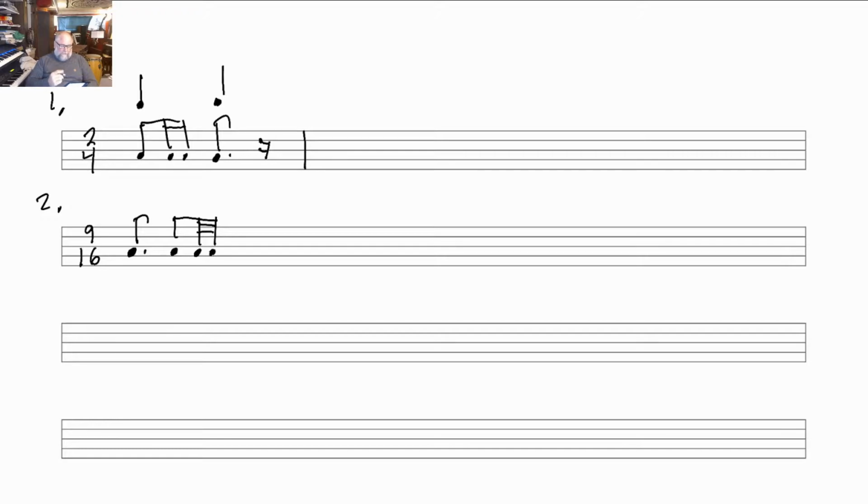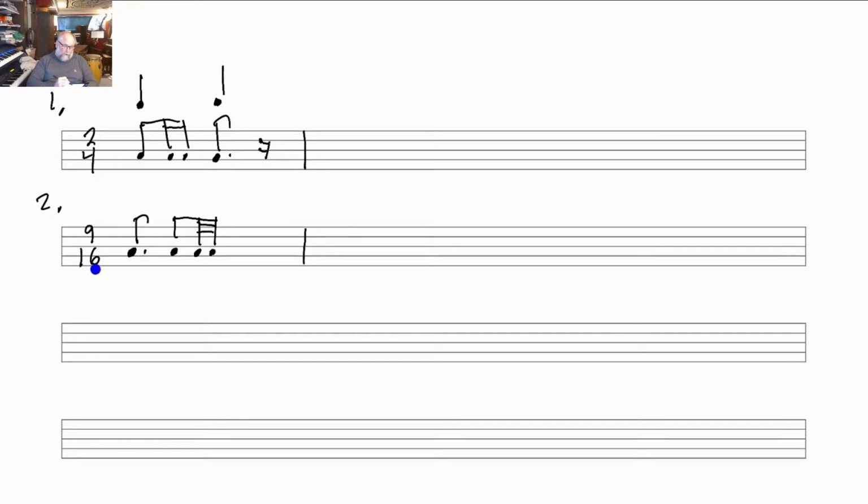All right, so did you figure it out? What's the beat note? That's right. The beat note in 9/16 time is a dotted eighth. I know that because sixteenths are the subdivision, the division of the beat. And we take 3 of those to make one beat and group them together, and that makes dotted eighths.